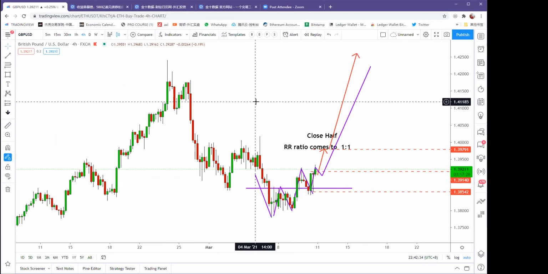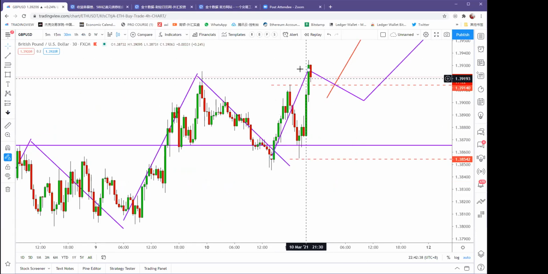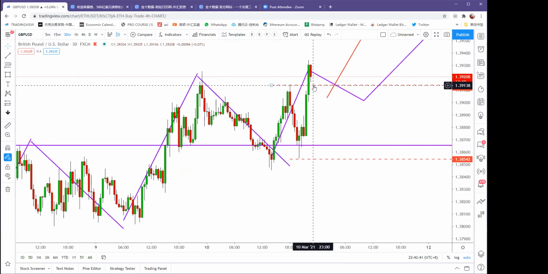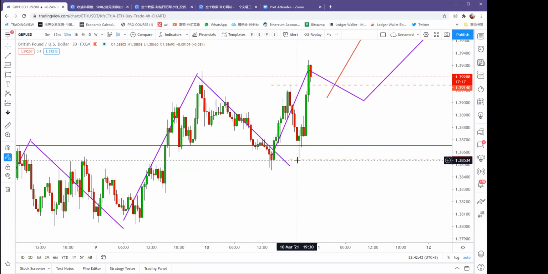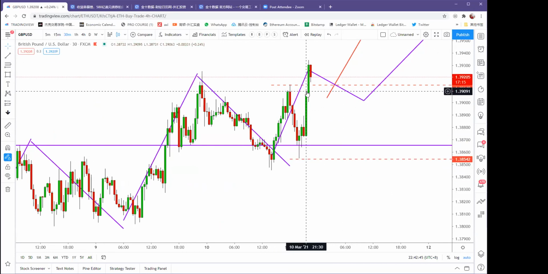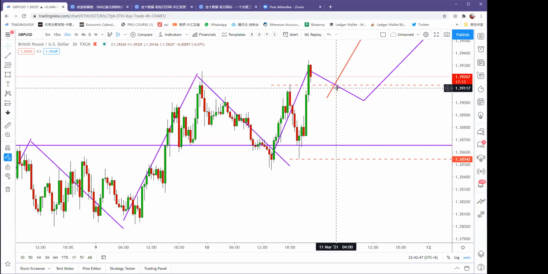And then you have to go to the charts to find more clear entry and valid stop and 2 to 1, 3 to 1 reward and risk ratio to determine your target, okay, and just go for your plan.